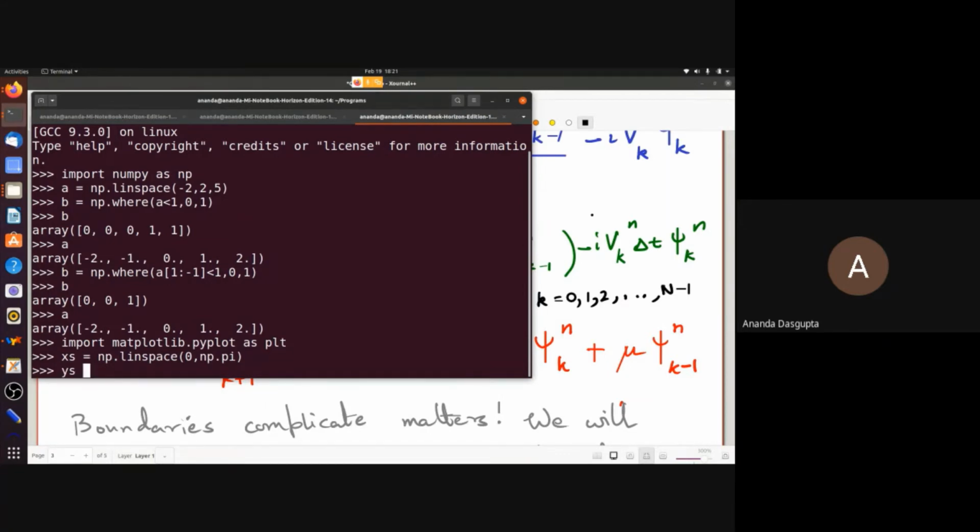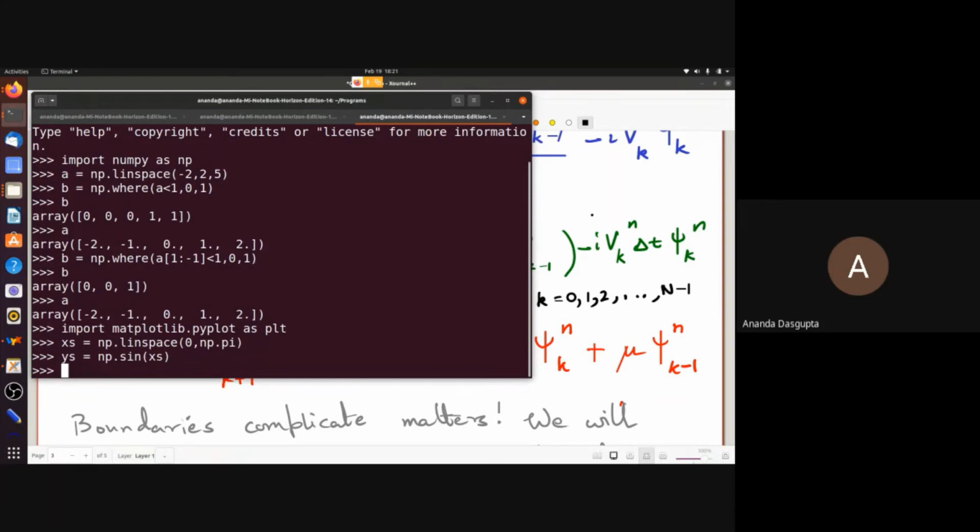And let's say y is equal to np.sin x. So this is a simple thing that you do when you want to plot a graph using matplotlib. But if I now do plt.plot x comma y, I will draw your attention to what it actually returns.